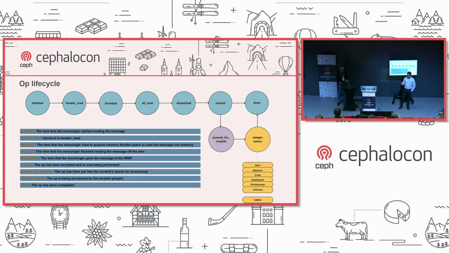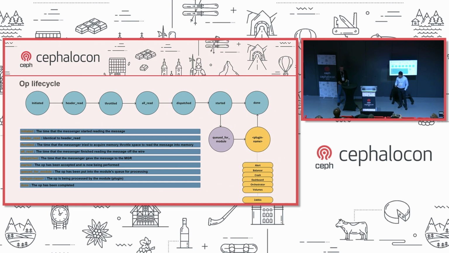So queued for module gives you the queue for the module, and the next state shows which module is going to handle that command. Basically, if it's a Ceph volume related MGR module, then you'll see the Ceph fs related calls going to that particular state.